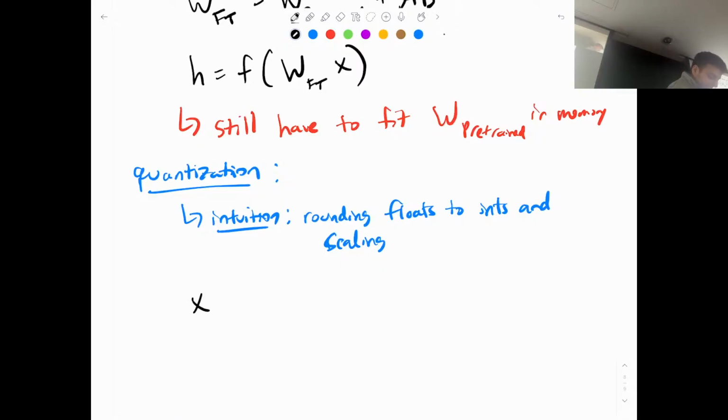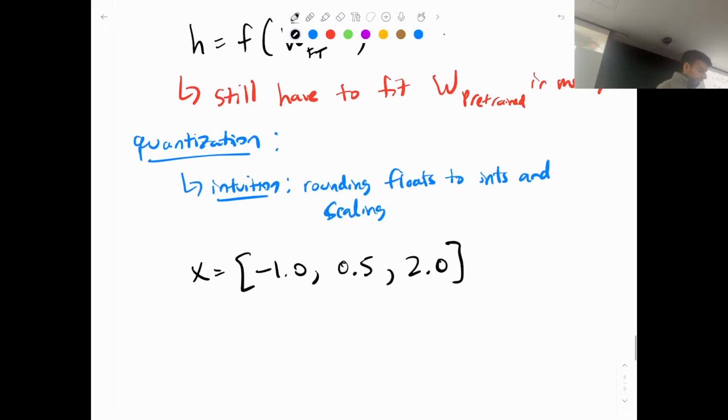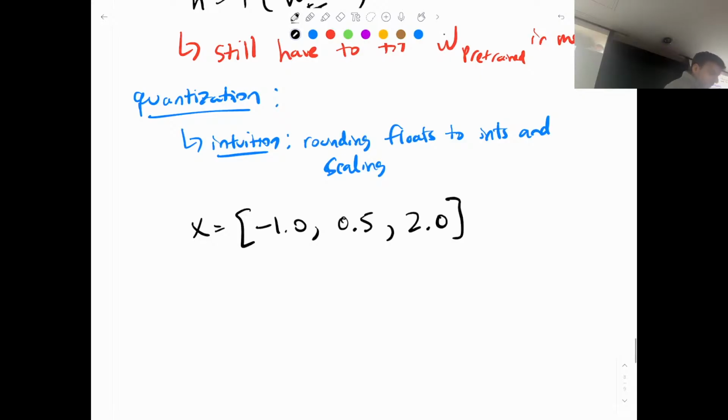So let's say x is a vector, and it has some floating point values. Let's consider this as, say, maybe an embedding in our model. So we have some floating point values. And we want to quantize this into int4, so 4-bit integers.